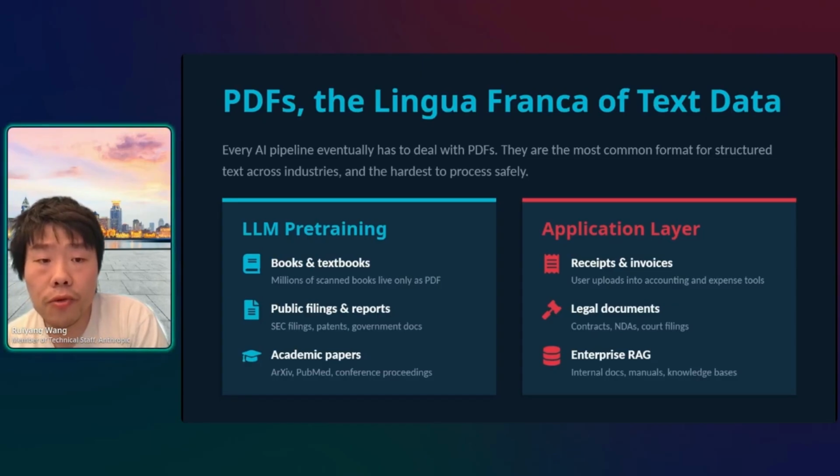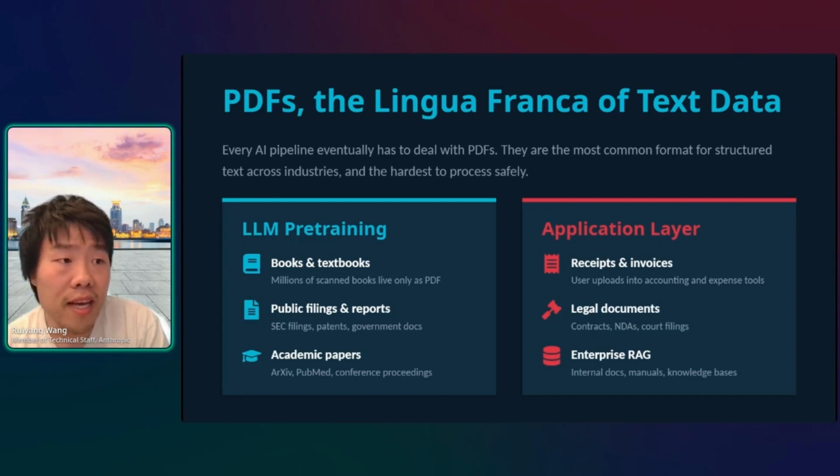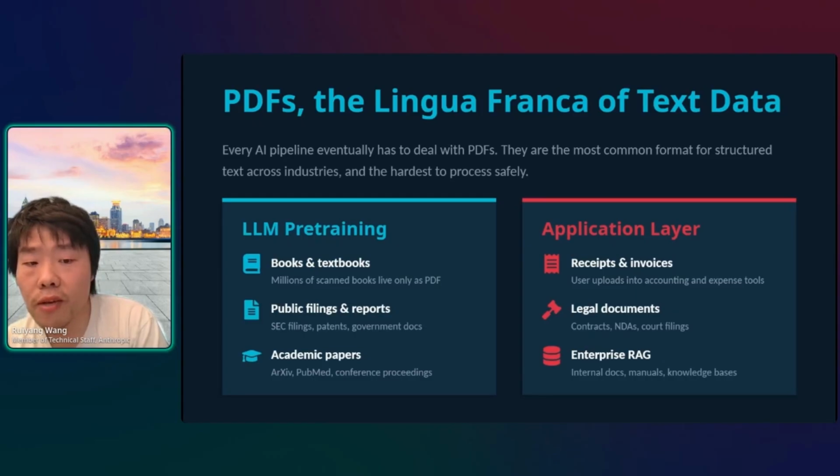You need a way to extract those tokens out of the PDFs and teach them to the model. Beyond that, if you are building an AI application that handles users' receipts or legal documents, contracts, DocuSign, or you are doing RAG and your enterprise customers have a million old PDFs they want to be retrievable, you have to handle the PDF.